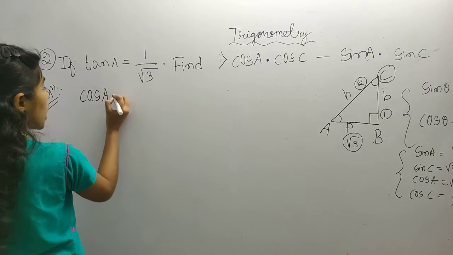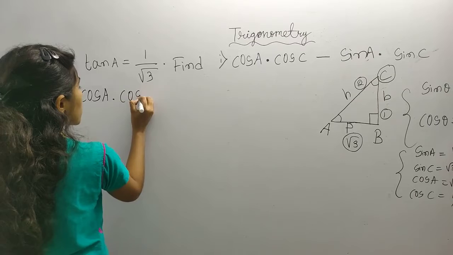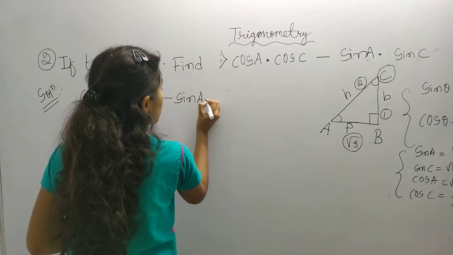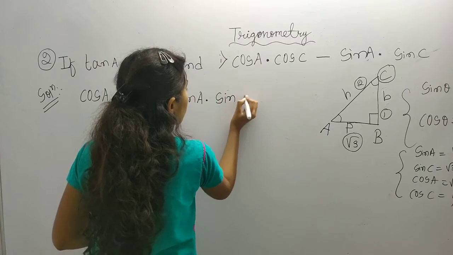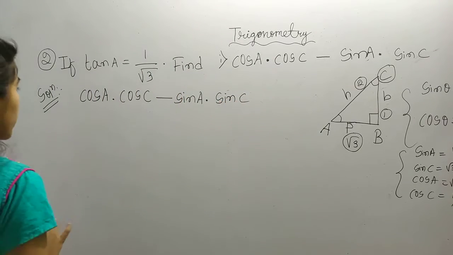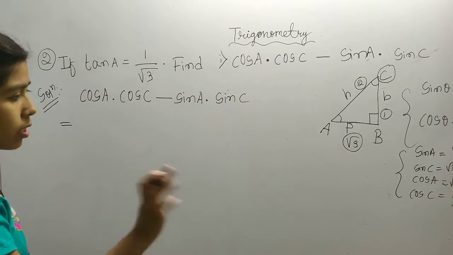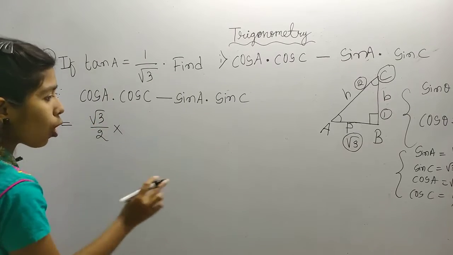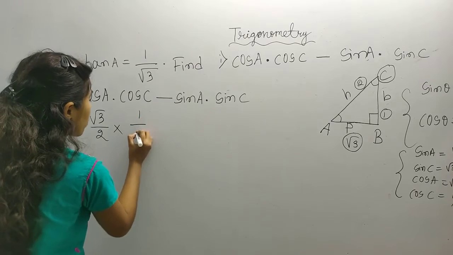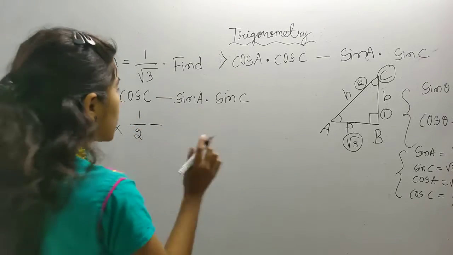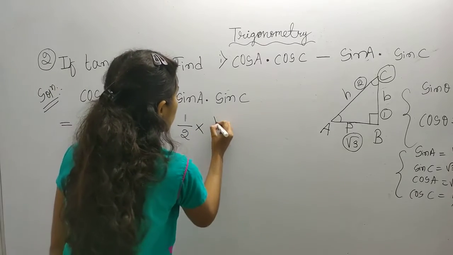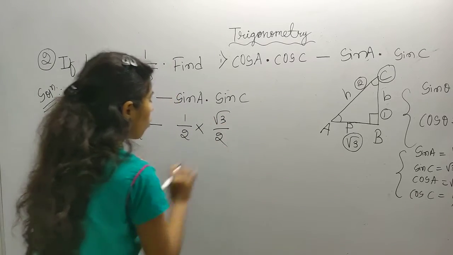Cos A into cos C minus sin A into sin C. So see, how much is cos A? Root 3 by 2 into cos C is 1 by 2, minus sin A is 1 by 2 into sin C is root 3 by 2.